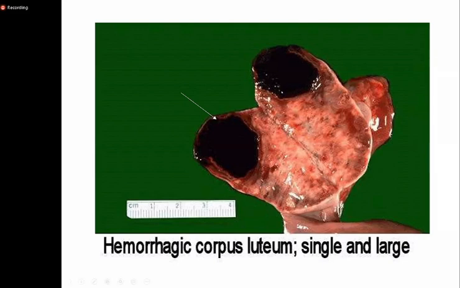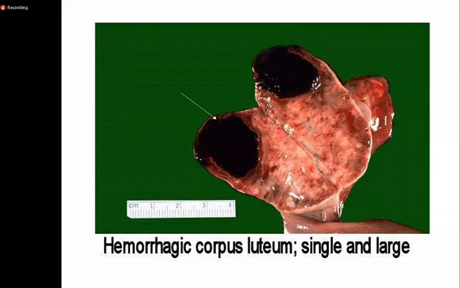It's something we see very often in histology as a histological specimen because they present with pain, sometimes with hemoperitoneum. Especially if they're large, they may rupture and cause hemoperitoneum. So they're taken out. So again, very similar to a chocolate cyst in terms of appearance, but not on histology.